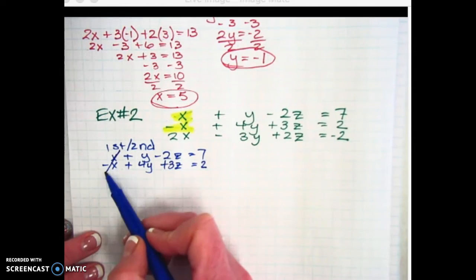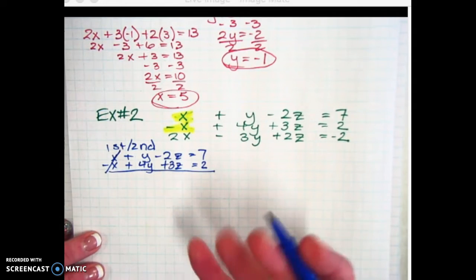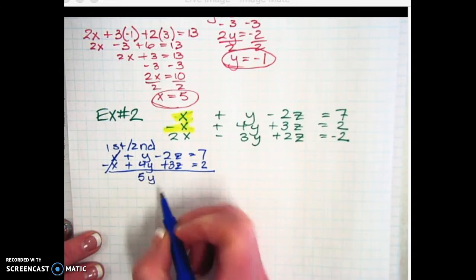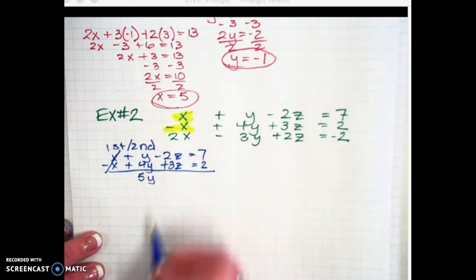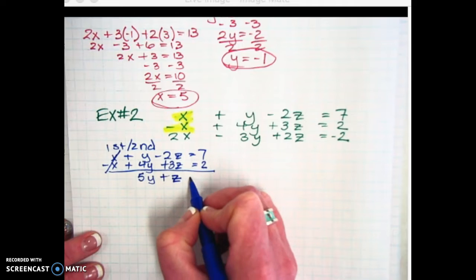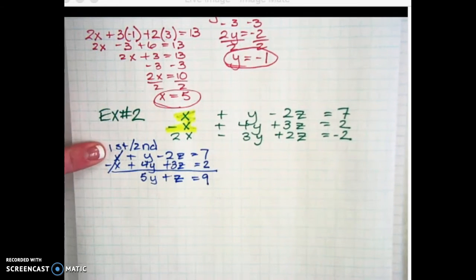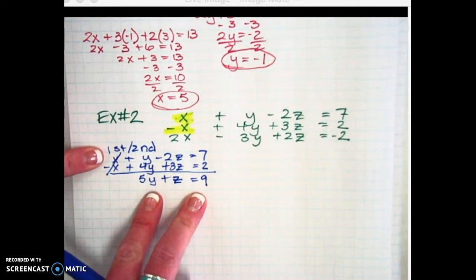These are obviously going to eliminate, and then you want to combine everything else that's left. So 1y and 4y is 5y. Negative 2z and, is that a 3? Yeah, 3z is 1z. 7 and 2 is 9. Okay? I combined the first and the second, and I got it down to 2 variables.